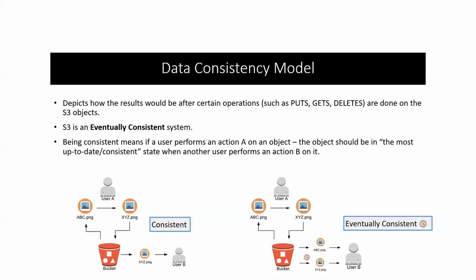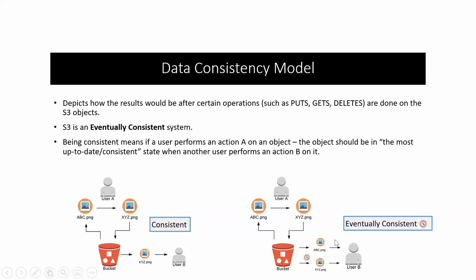But why do we say that S3 is eventually consistent? Because when a user makes some changes, there is a mini delay, some microseconds or some delay, to reflect the same thing for a different user, user B. He might still see abc.png at the same time.